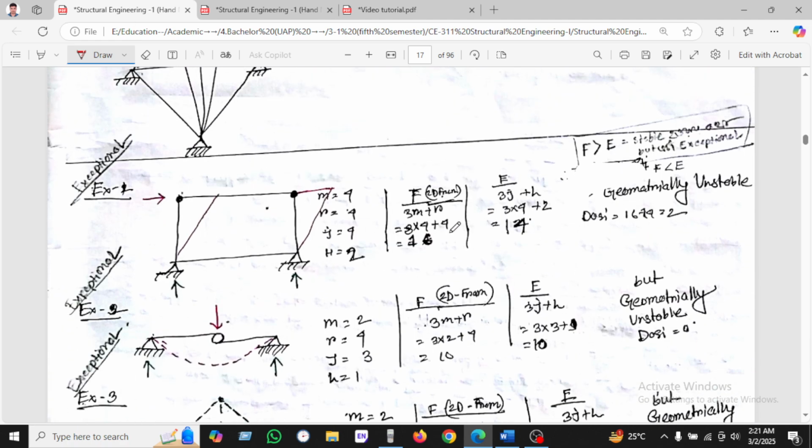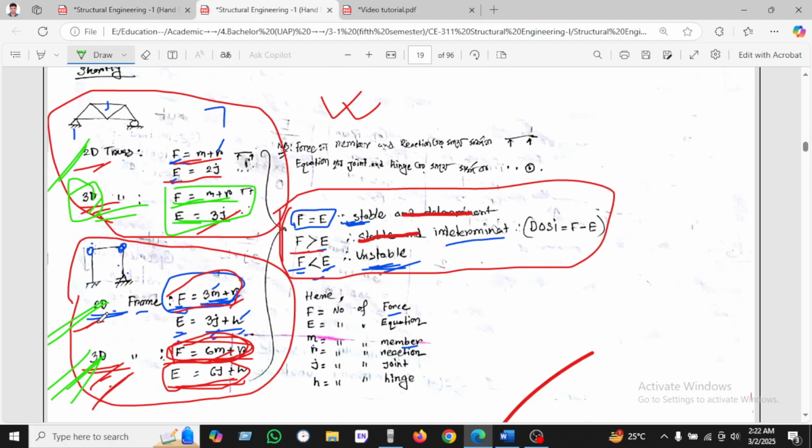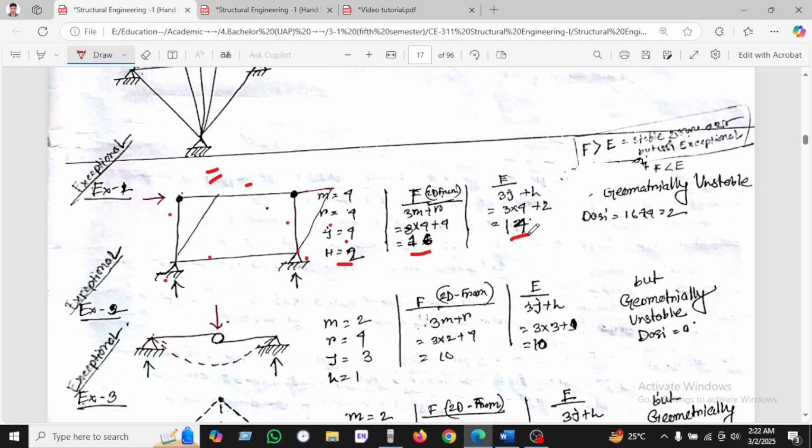So let's see some exceptional cases. Here is an exceptional case. You can see here the members are 4: 1, 2, 3, 4, and reactions also 4, and joints equal to 4. We have seen 1, 2, 3, 4, and hinges equal to 2. So f equals 16, and as this is a 2D frame, you can use this formula, 3m plus r and 3j plus h, and we found 4t.